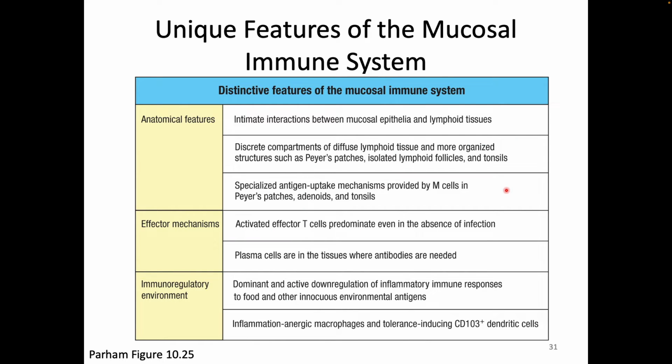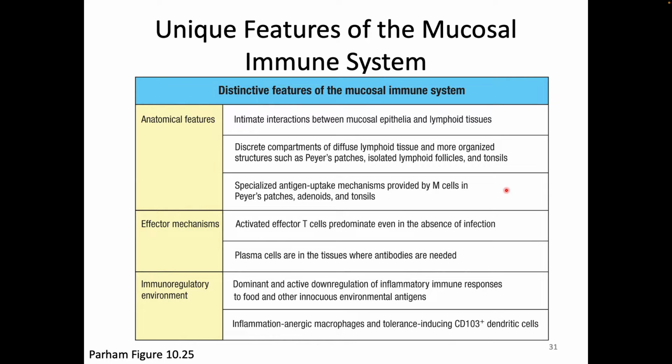These are not the only unique features of the mucosal immune system. So when we think about the mucosal immune system, some of the things that are unique have to do with anatomy. And in some ways, I would say that the mucus is kind of an anatomy thing. The presence of secretory IgA, you can argue for yourself if that's anatomy or an effector function.